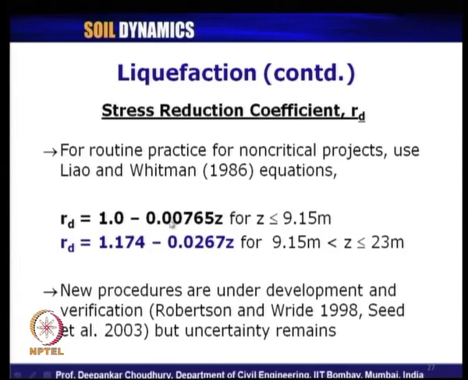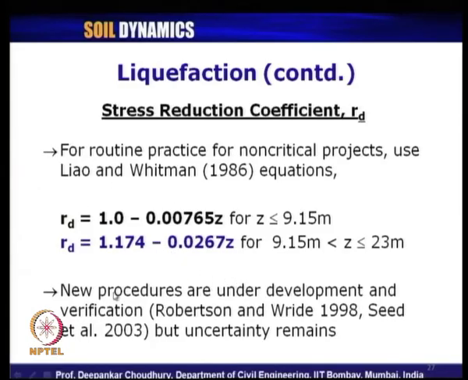This expression they mentioned is valid when the depth concerned is within 9.15 meter. If it is beyond 9.15 meter up to 23 meter, then they proposed this expression has to be used, r_d equals 1.174 minus 0.0267 times z. So, this was proposed by Liao and Whitman.